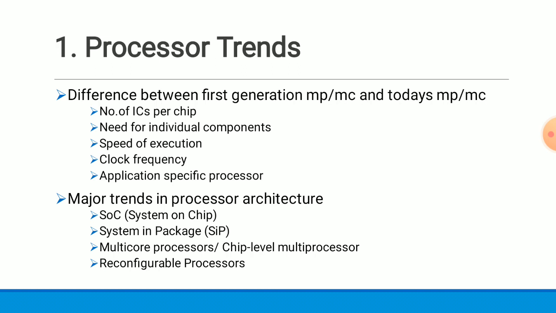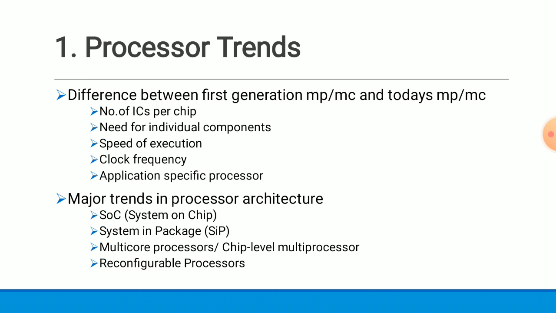Examples are set-top boxes, media players, PDAs, personal digital assistants, etc. What is the main advantage of this? It saves board space, and of course the size is reduced a lot.